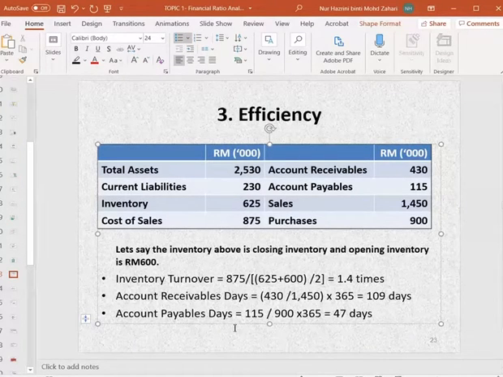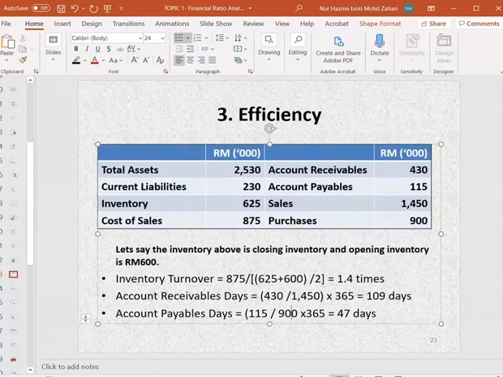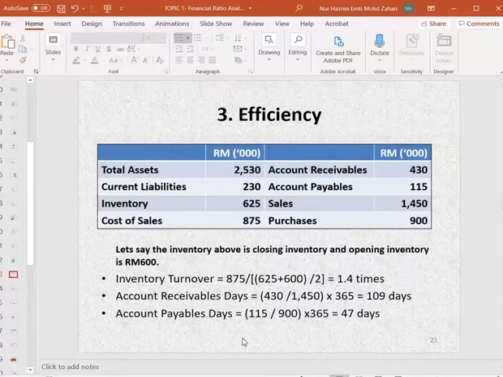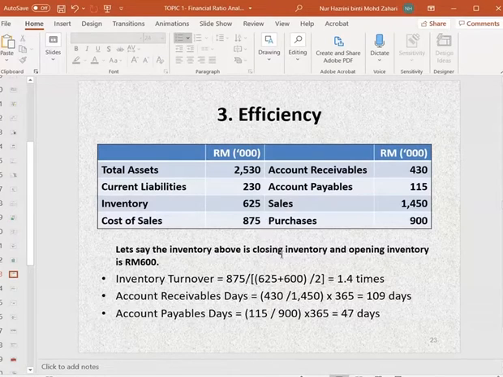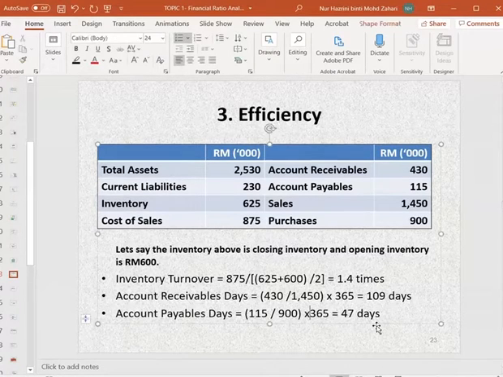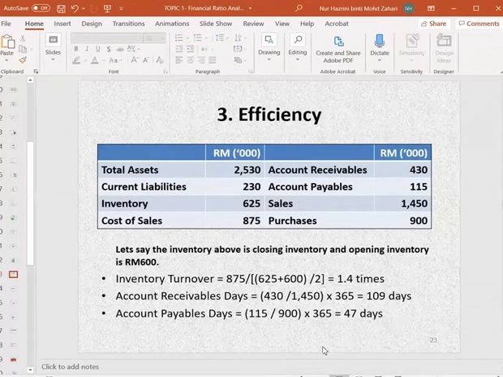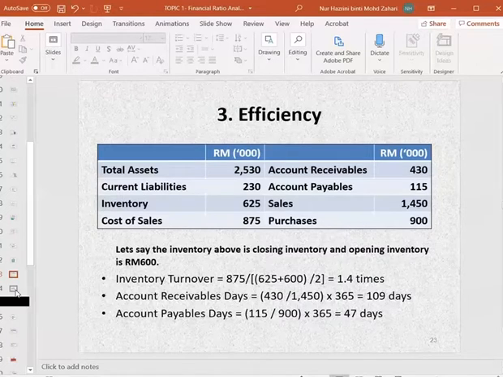Okay, so for account payable days, account payable divided by your purchases, or you can divide with your cost of sales as well. It will give you more or less the same answer, but it's not going to be the very same answer. Okay, so you get 47 days.